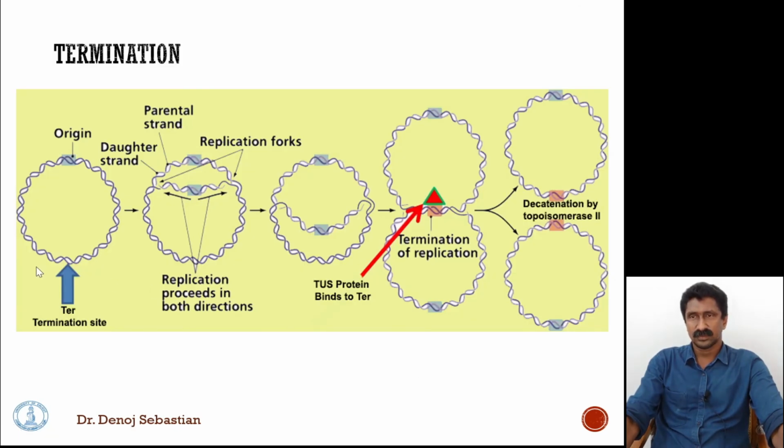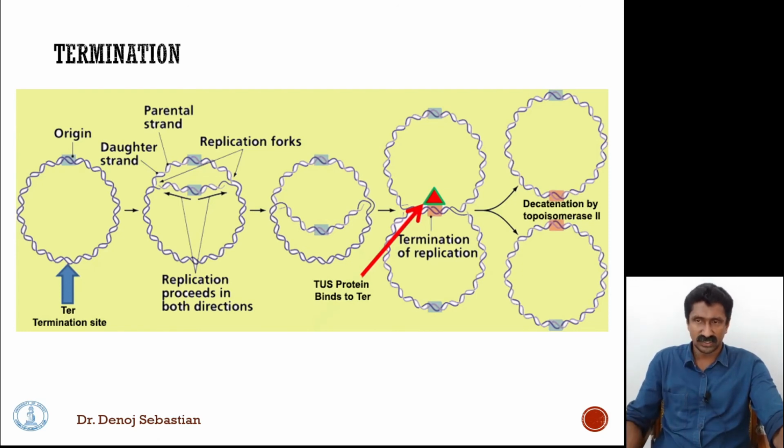So the next step is the termination step, in which we have the separation of the strands starting from the origin. The replication fork will move in both directions.